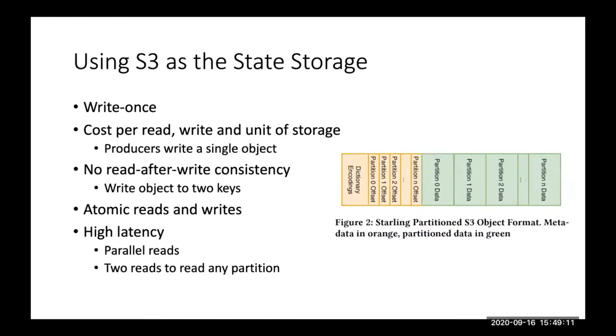They overcome this by writing to two keys, depending on whether the first attempt succeeded or not. They wait for a timeout, and if the first attempt doesn't succeed, they write to the second key. This way, most of the time, they are able to minimize the tail latency from the S3 storage.